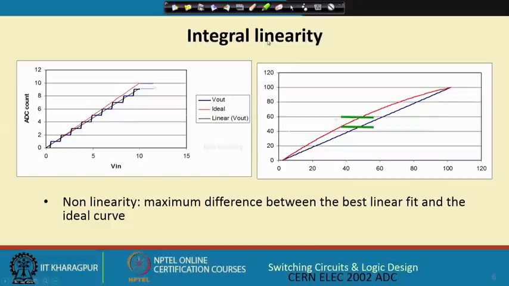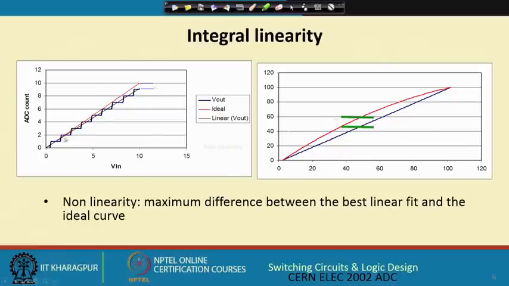Then comes the linearity or non-linearity. Linearity means, again quite similar to the DA converter, that step heights should be equal, but in this case you may find that for some of the steps the heights may be unequal.